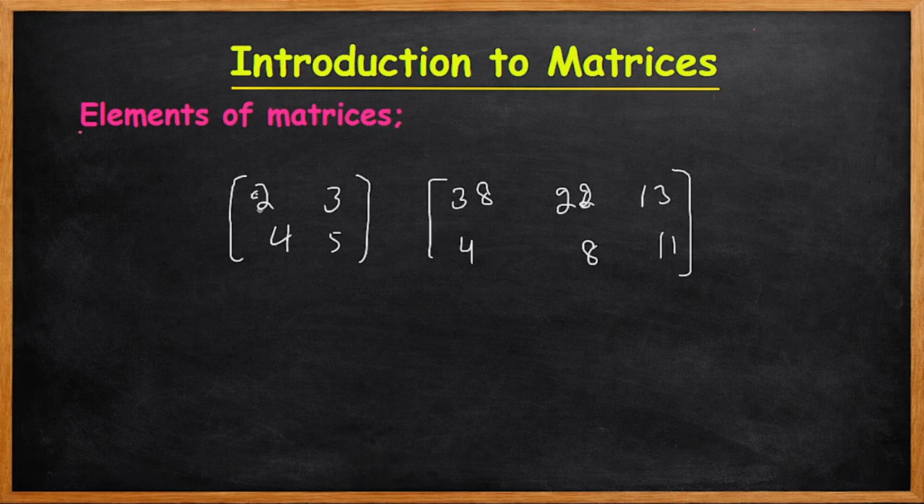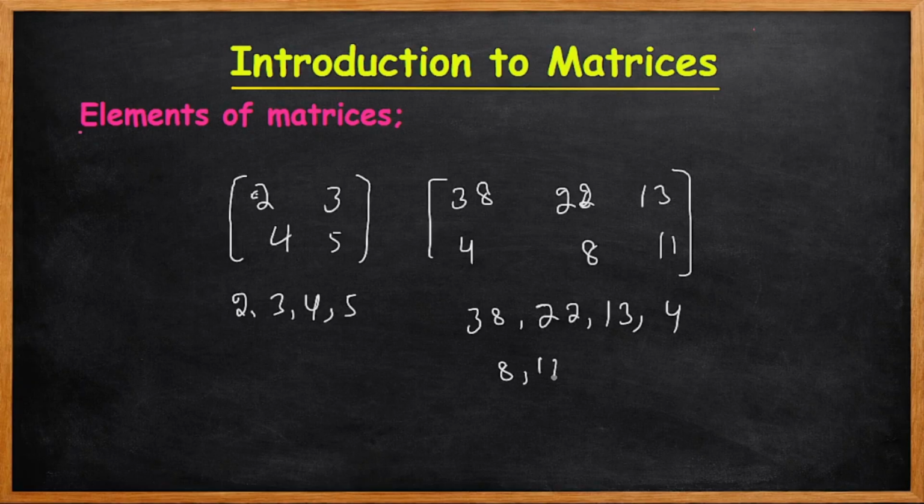So these numbers that are inside the matrix are called elements of the matrix. The elements of the first matrix are 2, 3, 4 and 5. And the elements of the second matrix are 38, 22, 13, 4, 8 and 11.